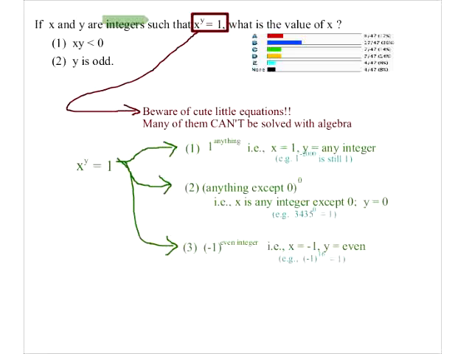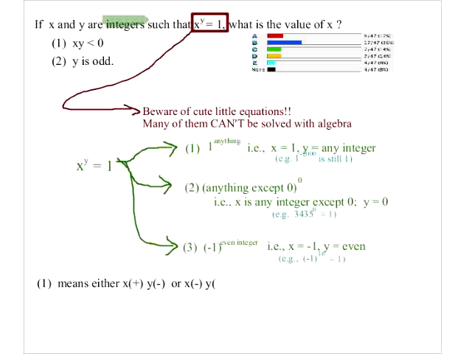So now we've got to think about how the statements restrict these things. So statement 1 means that, who knows, in the text box, what does it mean if the product of x and y is negative? What does this mean? Yeah, it means one's positive and one's negative. So either x is positive, y is negative, or x is negative, y is positive.